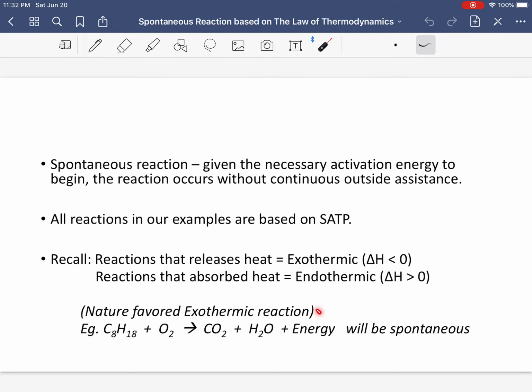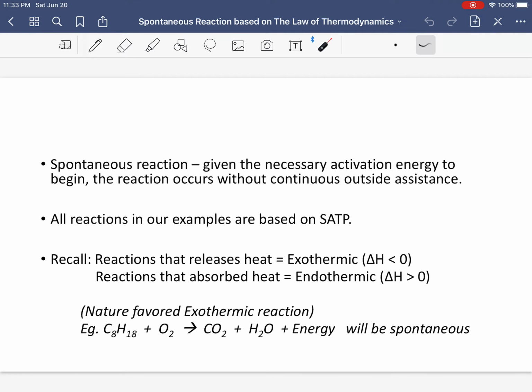And as you can see, energy is on the product side, meaning that this reaction is exothermic. As a result, we say it is spontaneous, that this reaction will happen with very minimal outside assistance. Now we know that this is a combustion reaction. All combustion reactions are spontaneous. That's just the way it is.